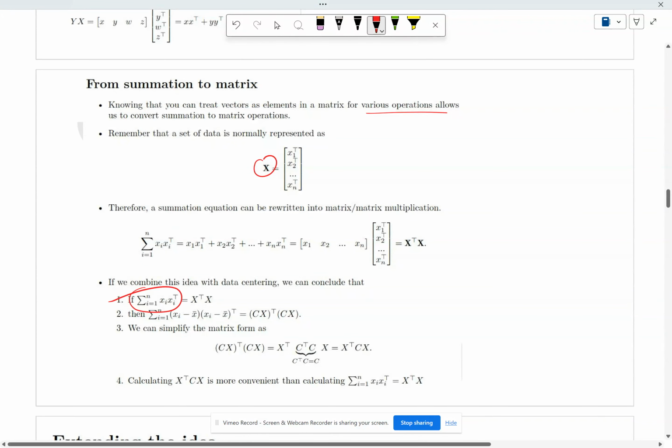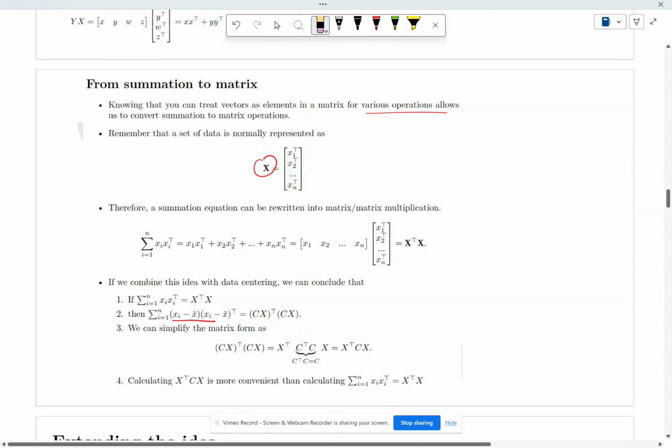I just told you the summation right here is equal to this. Now, what if each element is subtracting away from the center? Okay, so we did the centering before. This is actually equivalent to if you had taken x centered times this.